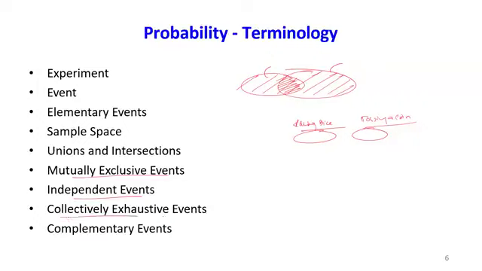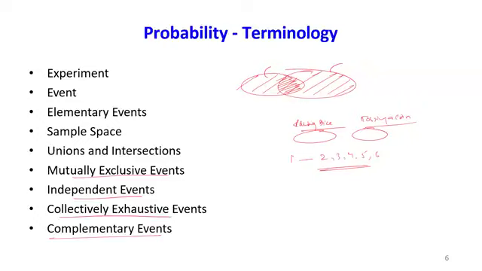Now, collectively exhaustive events and complementary events. For example, if I'm rolling a die, a particular event is getting a number as 1. So the complementary event would be all those events other than getting 1. That means getting 2, 3, 4, 5, and 6. These are considered as the complementary events of 1.